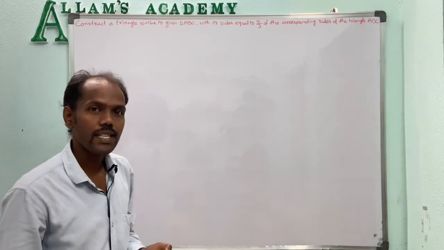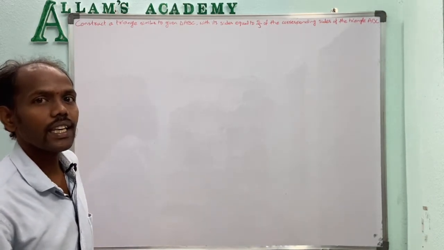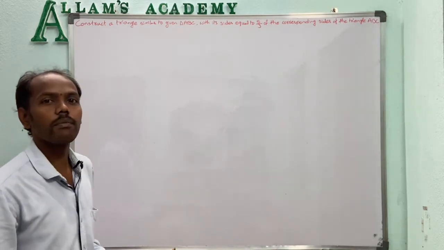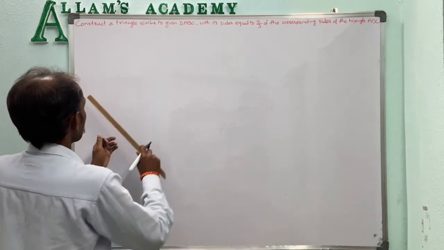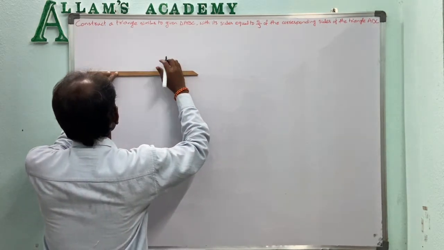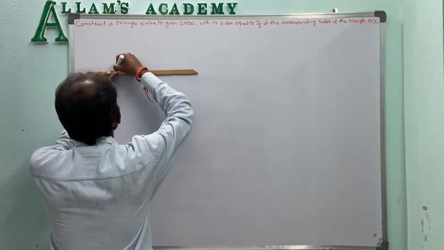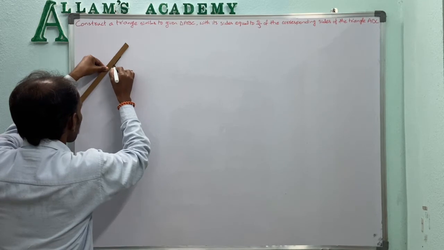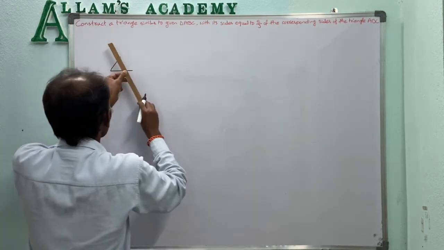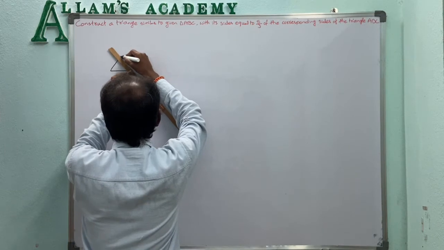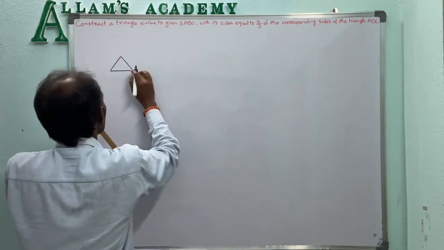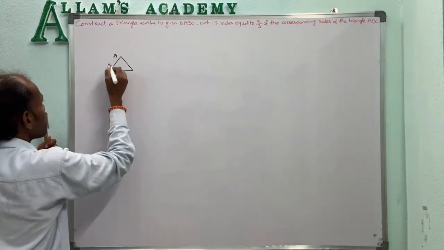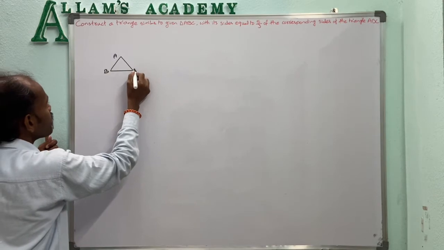So first we construct a triangle ABC. They have not given any measurement, so with our own choice we draw a triangle. So we draw triangle A, B and C.